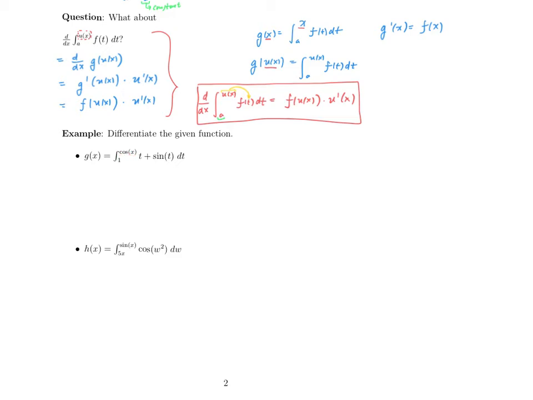If I want to differentiate this, we're going to use this boxed red formula above. We have the desired form. We're going from a constant to a function of x. So we simply take that function of x and substitute it in for each t. That will give us the f of u of x. Then we multiply by u prime of x.